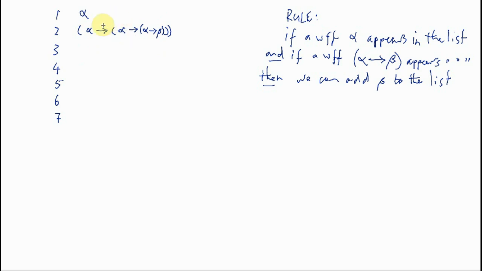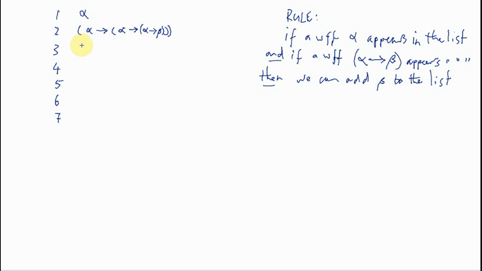Now, what can we make of this? Well, how can we continue, if at all, this list? Well, we have alpha and we have an alpha arrow beta, so we can write, in virtue of this rule, by the license that this rule confers upon us, the beta. What is our beta in this case? Well, our beta is this. It's open brackets, alpha, arrow, this bit, and then close brackets.